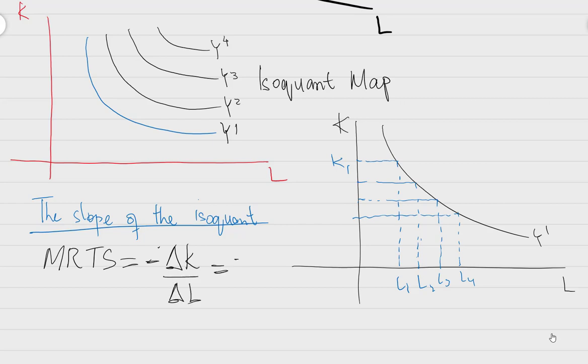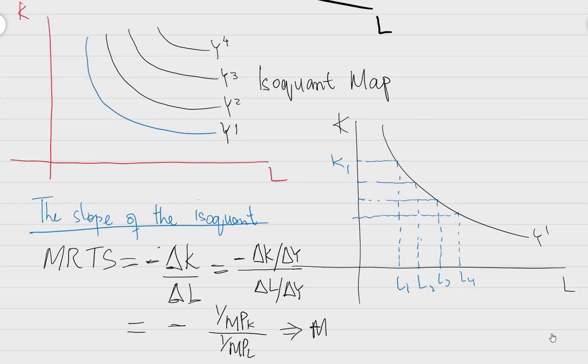We can rewrite this marginal rate of technical substitution as delta K over delta Y upon delta L over delta Y. Then we can see that the numerator is in fact 1 over the marginal product of capital, and the denominator is 1 over the marginal product of labor. Therefore, if we invert this, we can write the marginal rate of technical substitution as the ratio of the marginal product of labor to the marginal product of capital.